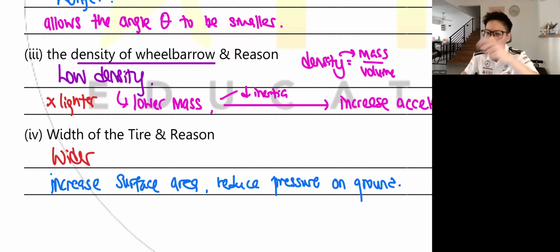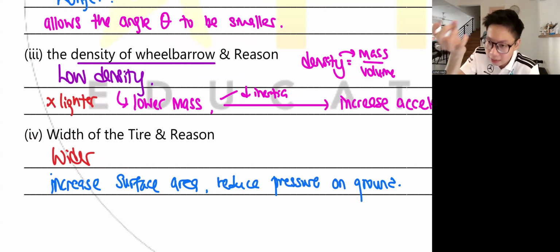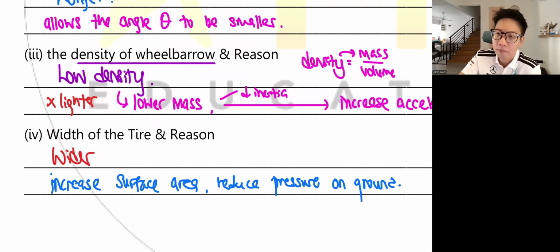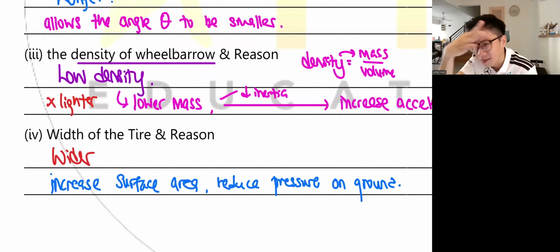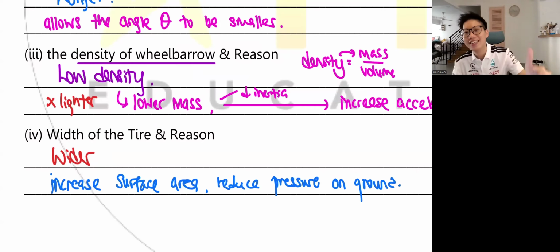Have you tried pulling a wheelbarrow? It's very hard, you know. But what are you most concerned about in a working scenario? You're afraid the tire will sink into the floor. Okay, nope, nope, no. Only this.